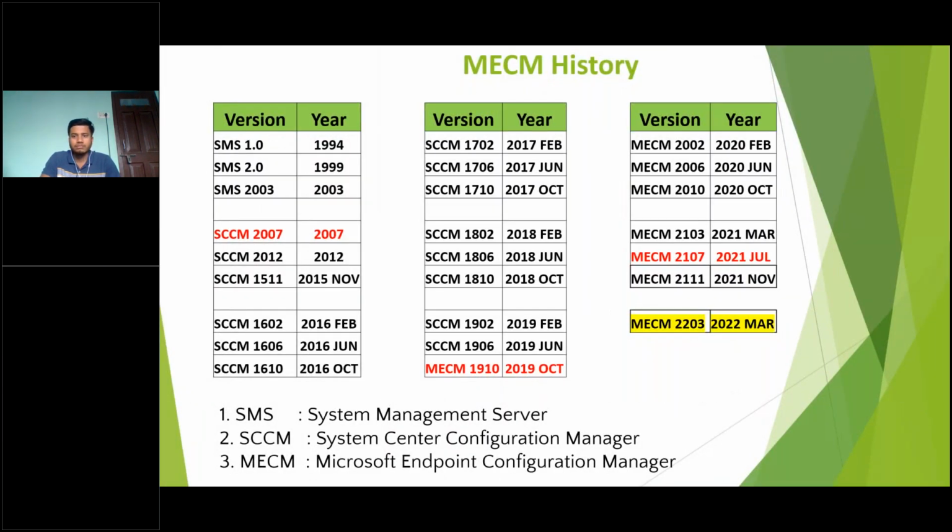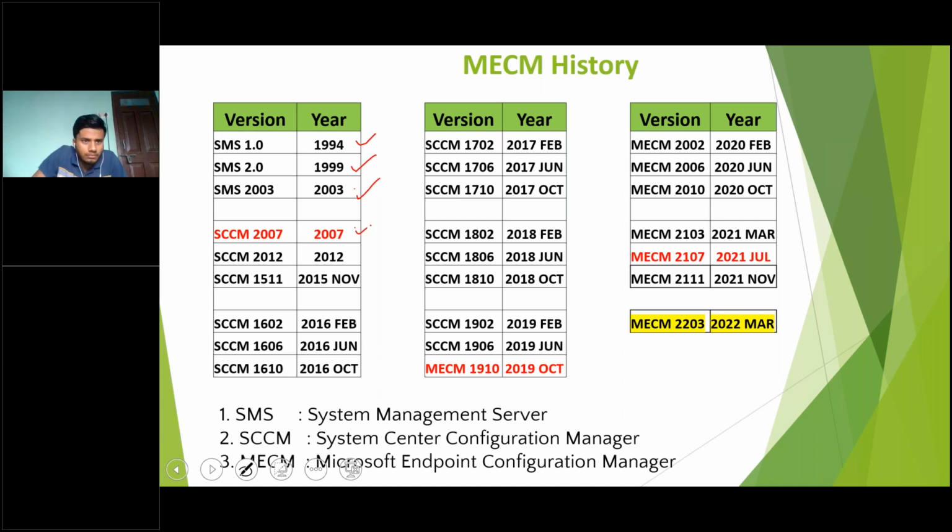Now let me quickly give you the historical background of this SCCM. SCCM is a Microsoft product, as you all know. SCCM started in the year 1994. The first version was released in the year 1994. Then SMS 2.0 in 1999. Then SMS 2003.